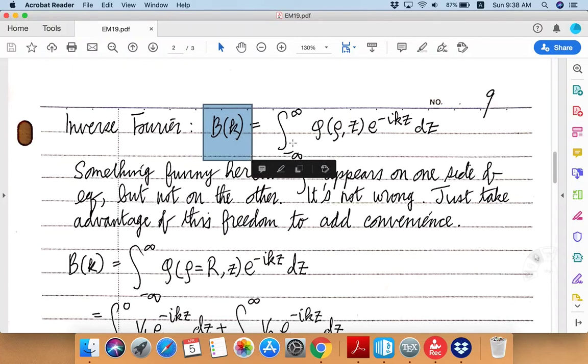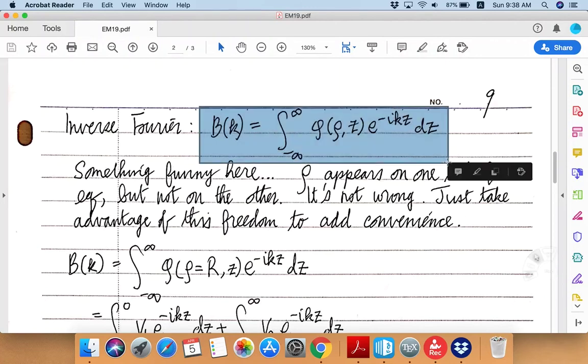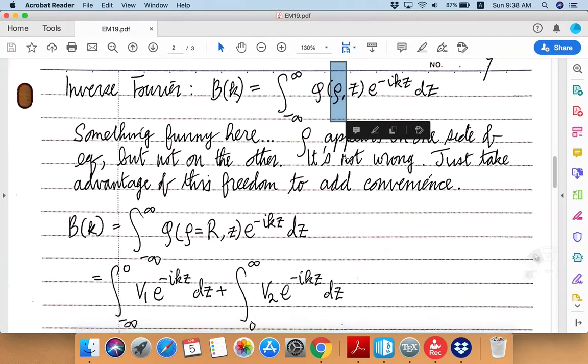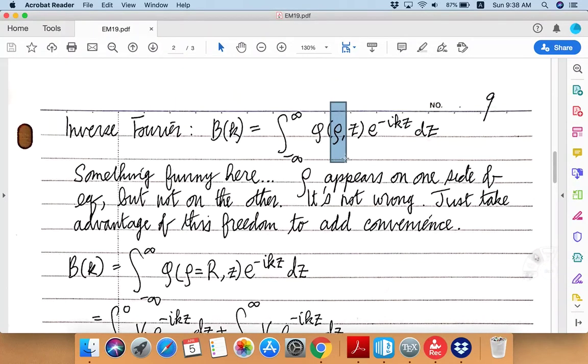So this expression is not wrong. It's only telling you that you have this interesting freedom in choosing the rho value. And of course, you have to choose it in a way that will make the computation most convenient. And that's what you do once you have this kind of freedom in the calculation.